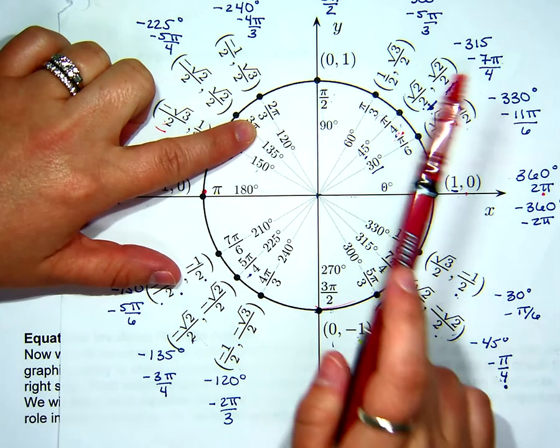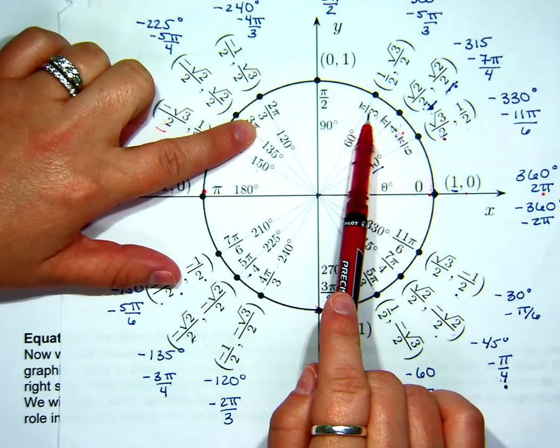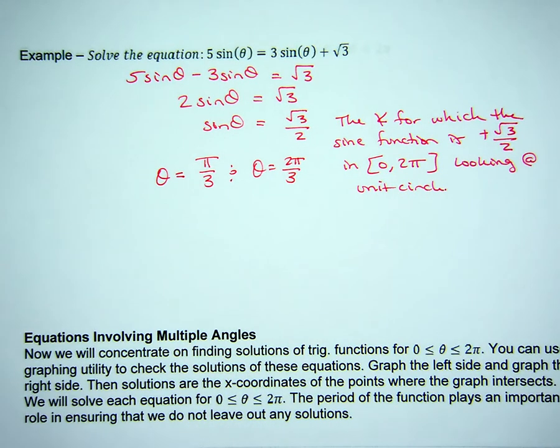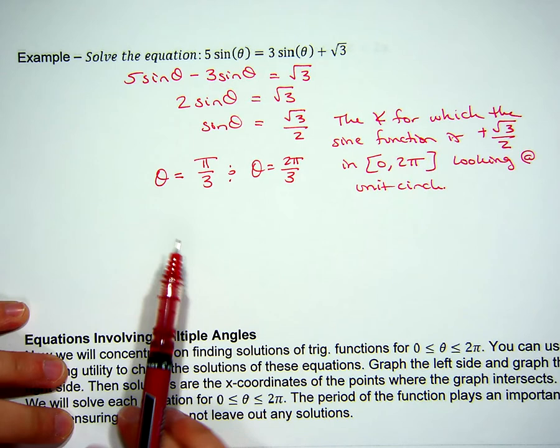It helps if I have the right sign, doesn't it? Pi over 3 and 2 pi over 3. Now, actually here we've got two angle values that solve the equation.